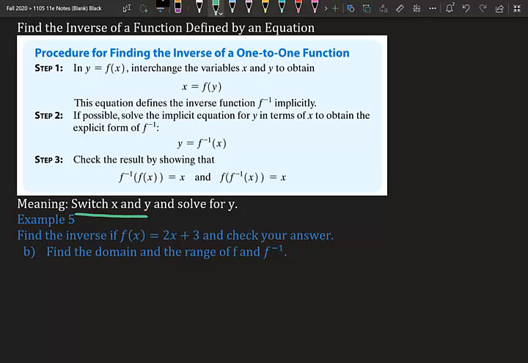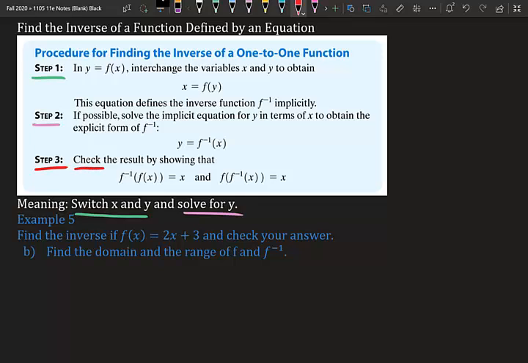Switch x and y, that's step 1. Step 2, solve for y. Step 3, which you're not going to need to do, we're still going to practice with this example, but all step 3 is check.